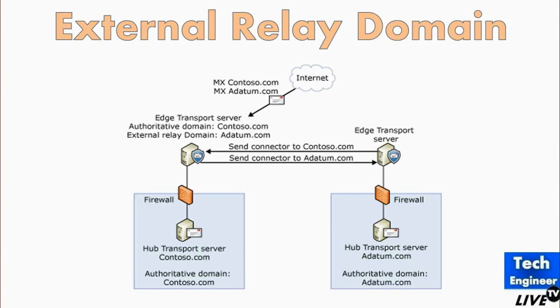In the previous case, what exactly was happening? The Edge Transport server was not only receiving the mails, it was also processing them, and through the Hub Transport server it was moving the mail to FordCoffee.com. But here, the Hub Transport server is only receiving mails for Contoso.com and has nothing to do with Adatum.com.